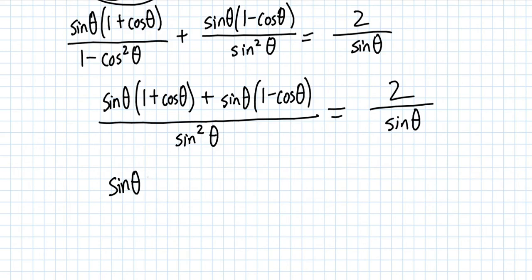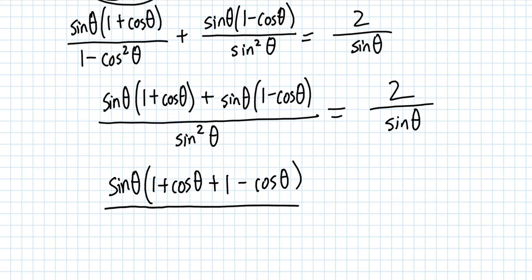And we're left with 1 plus cosine theta plus 1 minus cosine theta, okay, all over sine squared theta.